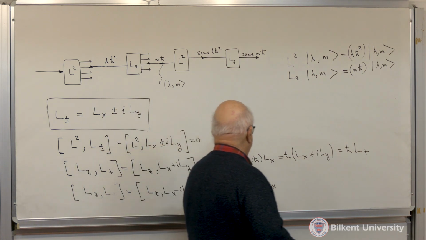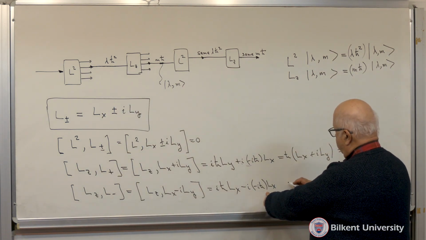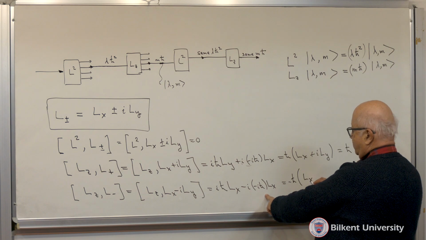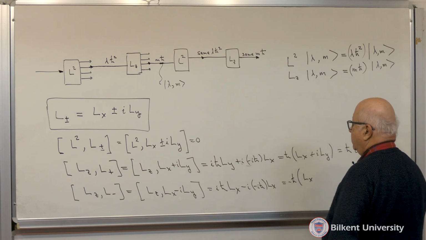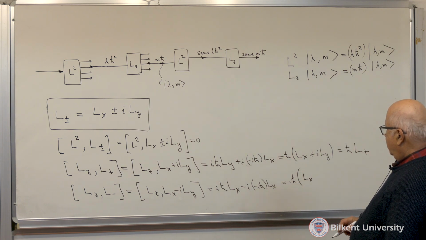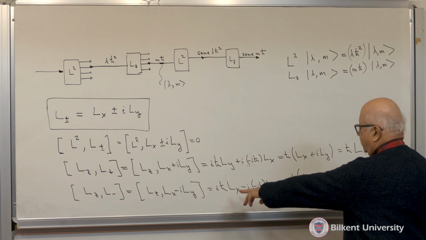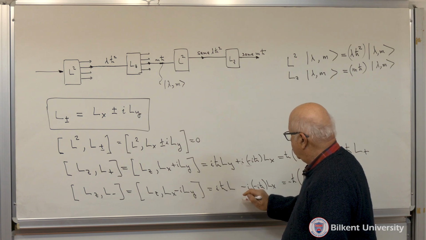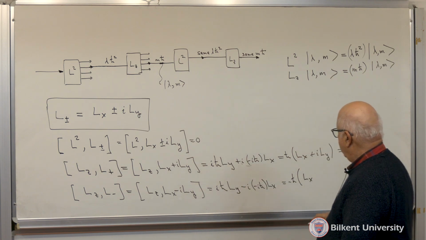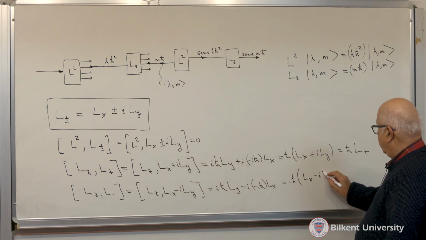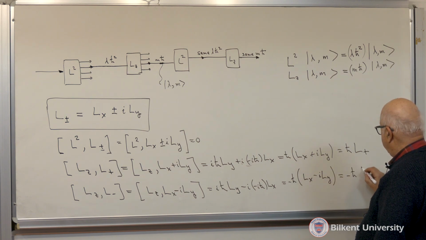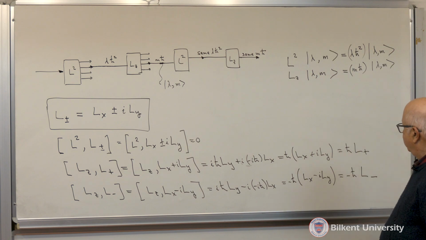And this time I get a minus sign here. So I get minus H bar. Let me factor that out: Lx, but then I also need a minus in front of this, this is Ly. Same thing, minus I Ly. So I end up with minus H bar L minus.